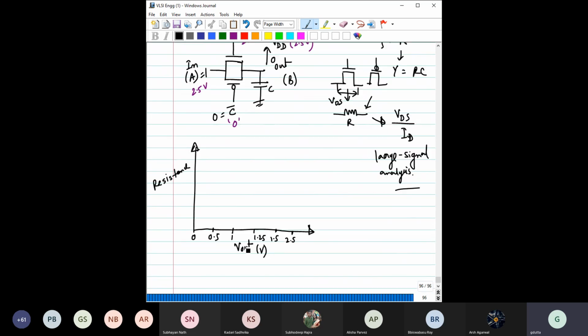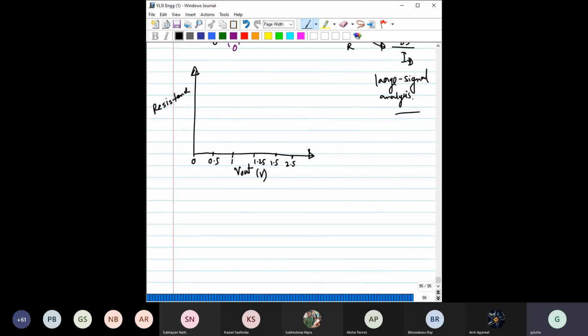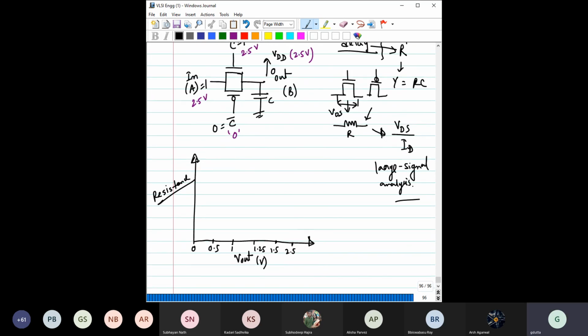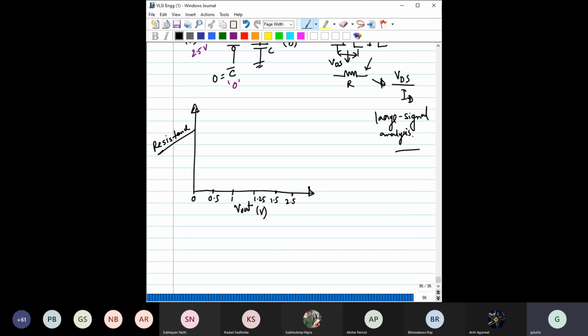Then here is the game. The game is we will plot the resistance offered by both NMOS and PMOS. Okay, and what would be the resultant resistance? As they are in parallel, it would be the parallel combination of these two resistances, right? So then let us break this transmission gate into two parts.